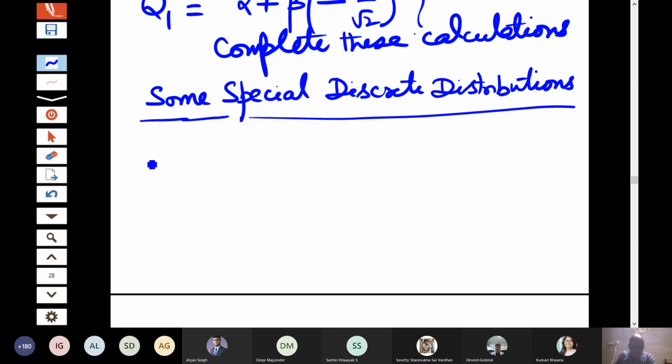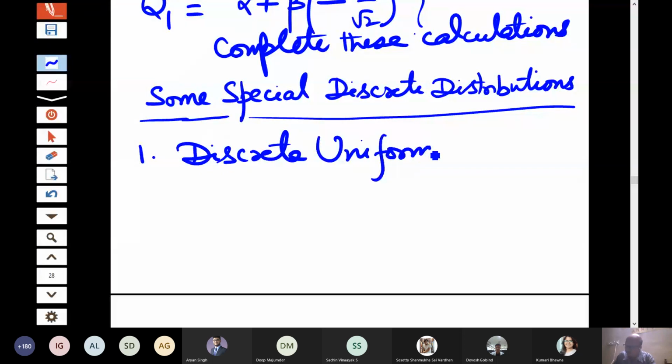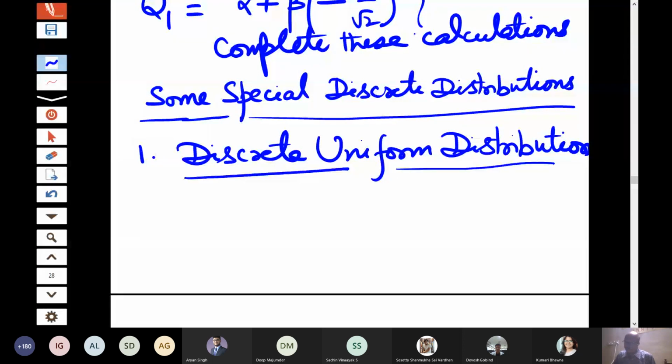Let me start with something very simple. The first one is the discrete uniform distribution. By the name itself, discrete and uniform.